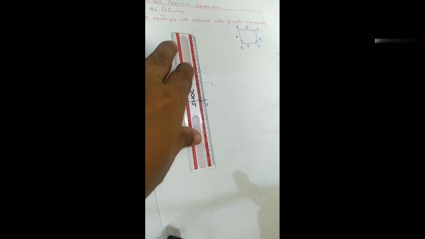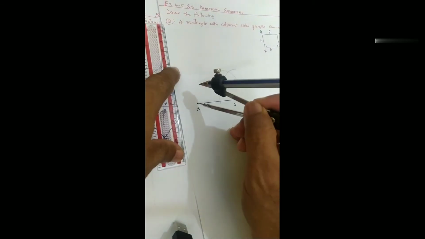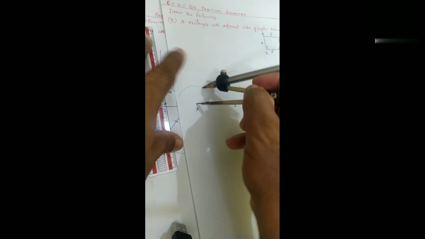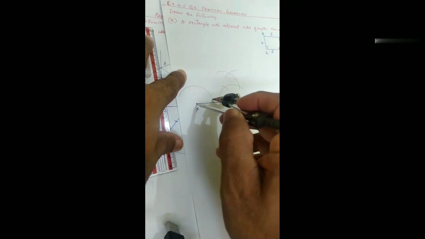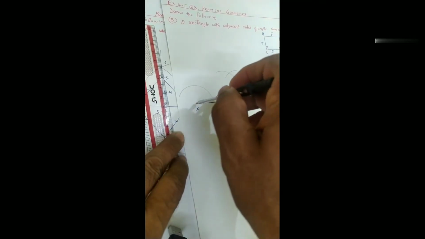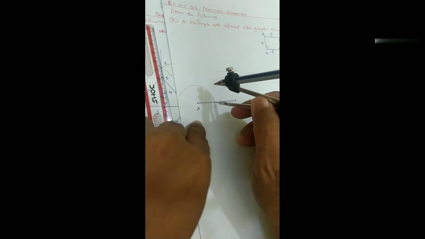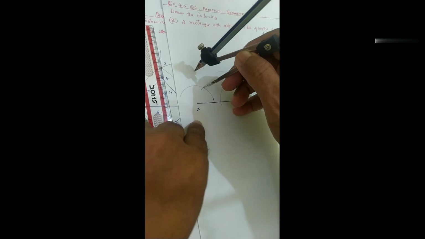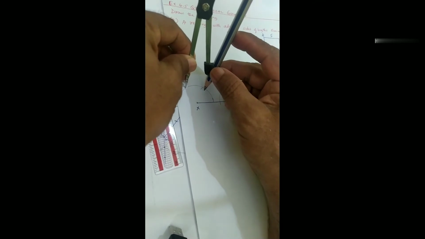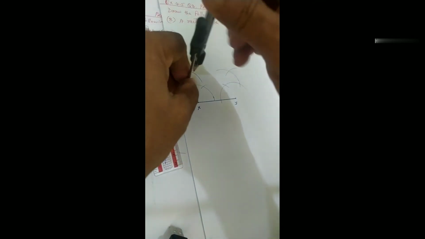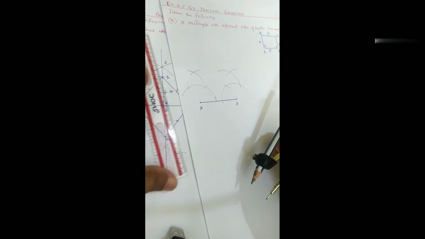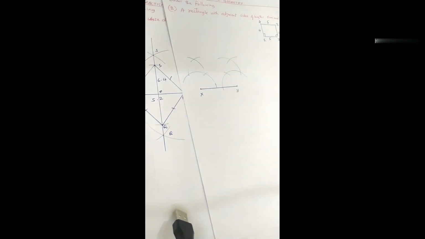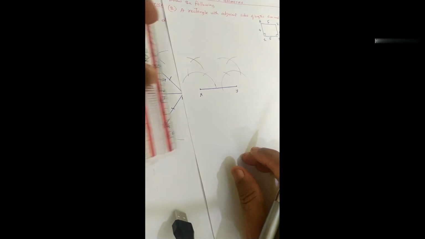So this is a 90 degrees angle. Again we will construct this also. 60 degrees and 120, and we'll take the bisector. And we will join both the sides.